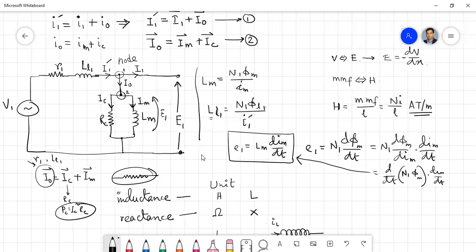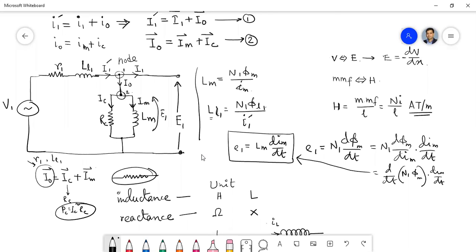Now, what type of element should be there across these two terminals? What type of component can be shown? Because we don't have any more resistance or inductance to be shown. All the inductance and resistance we have already shown in this circuit. So what else should be there in the circuit which will connect these two terminals and through which this I1 current will flow?